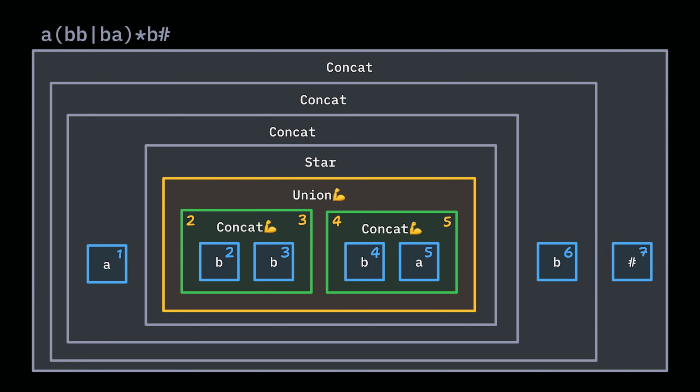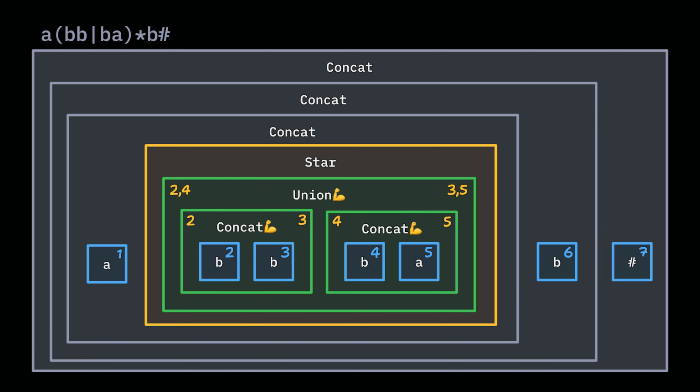For first pos, the question is, what is the set of all positions that could come first if this term matched? And the answer is that either 2 or 4 could possibly come first. So first pos is going to be a set of 2 and 4. For last pos, the question is, what is the set of all positions that could come last if this term matched? And the answer in this case is 3 or 5. So last pos is a set of 3 and 5.